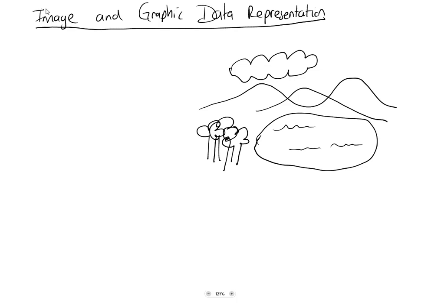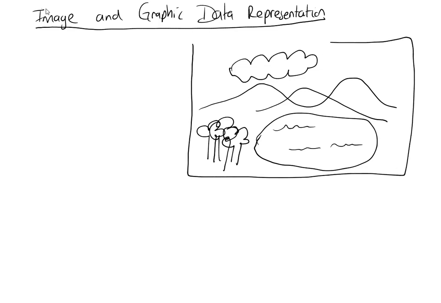Well, this can be done in 2 different ways. There's the notion of a raster graphic and a vector graphic. So let's first discuss a raster graphic. One way we could do this is we could have a grid. This grid is a square or rectangle.